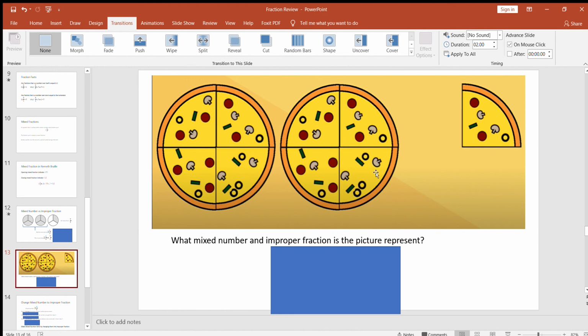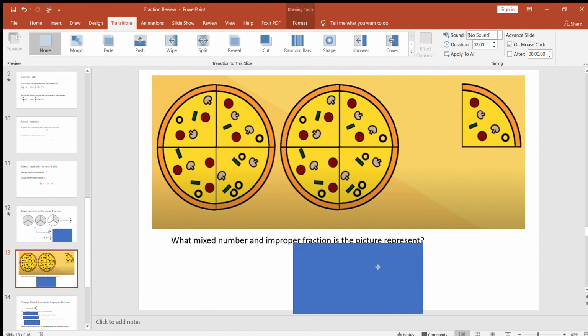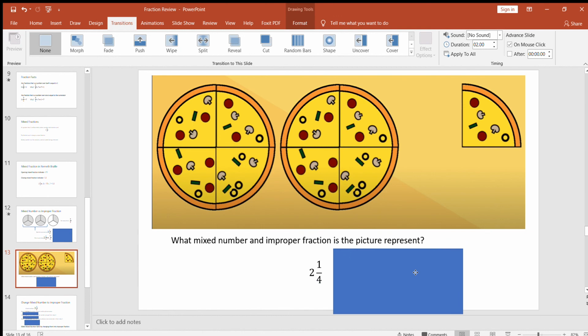Let's talk about the mixed number. We have 2 whole pizzas, right? So we already know the whole number of the mixed number, 2. And the fraction part is the remaining slice, which is 1/4. So this 2 pizzas and 1/4 slice is 2 and 1/4. Now let's talk about the improper fraction.